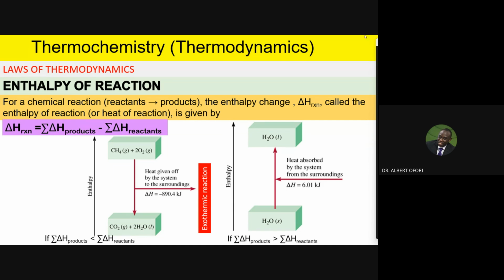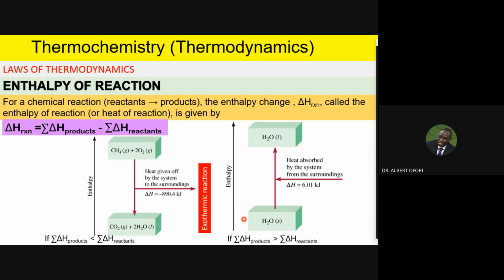So by inference, for the endothermic reaction, the enthalpy of the reactants is far lower than that of the product. And that's why the difference gives you a positive value.